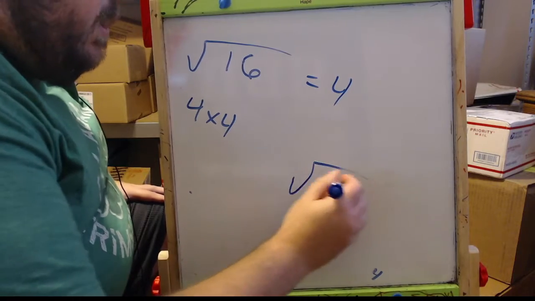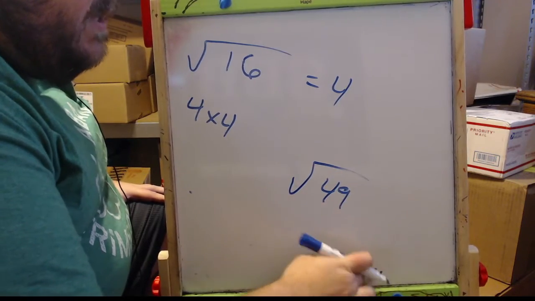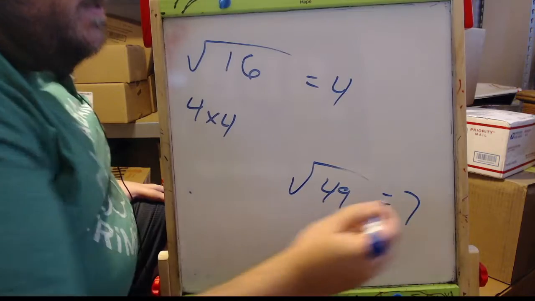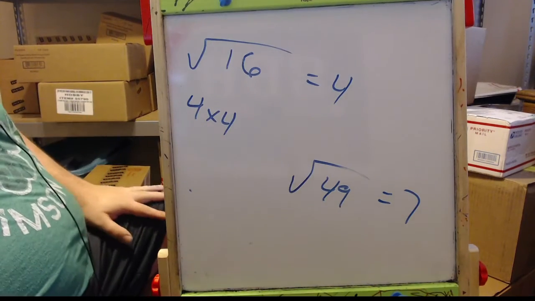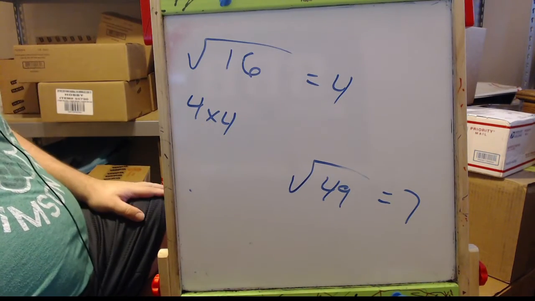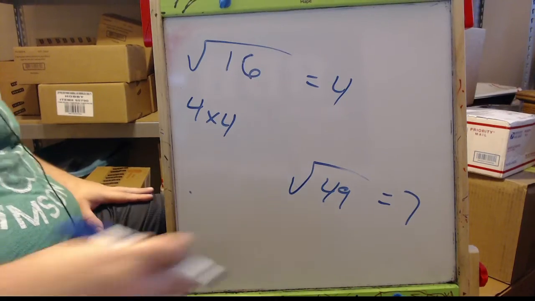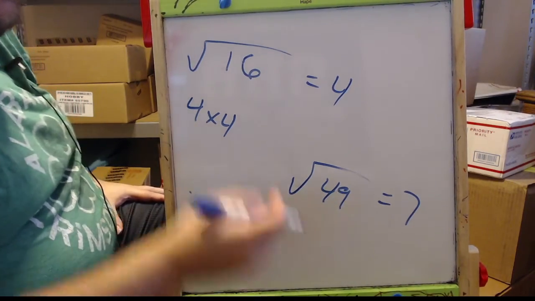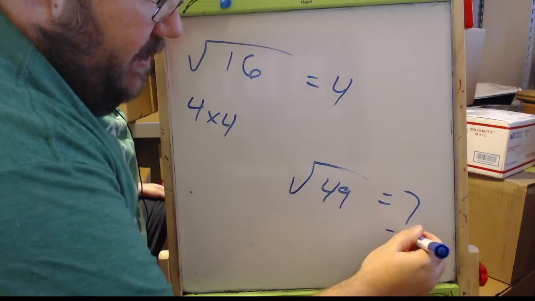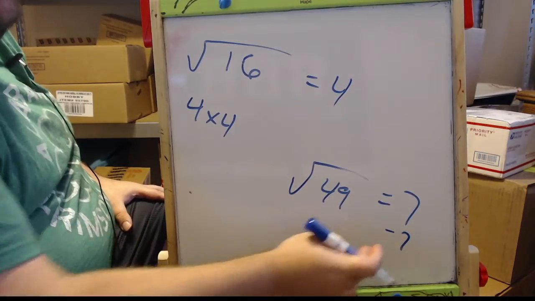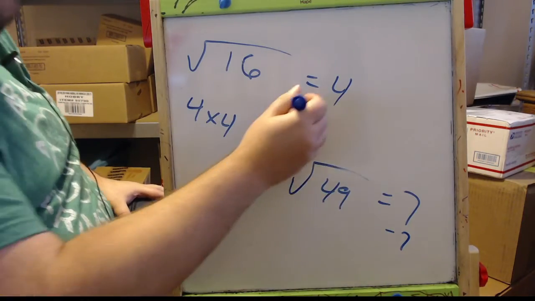The square root of 49, what times itself will give you 49? That's 7. We're not going to deal with negative square roots. That's something else. But what else could be the square root of 49? Well, negative 7 could also be, because negative 7 times negative 7 is 49.